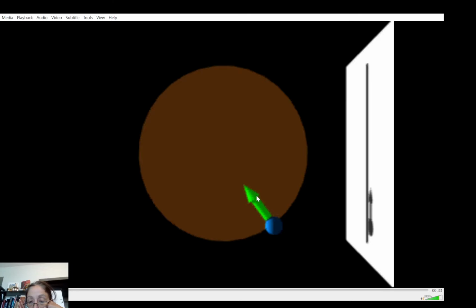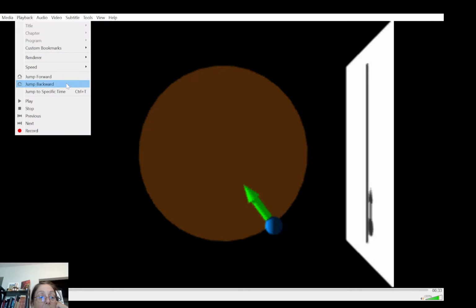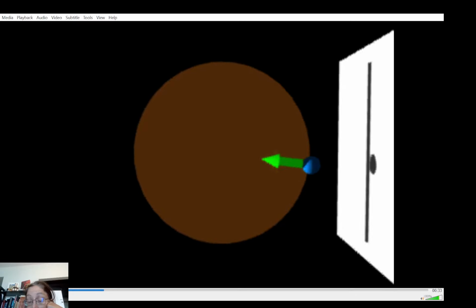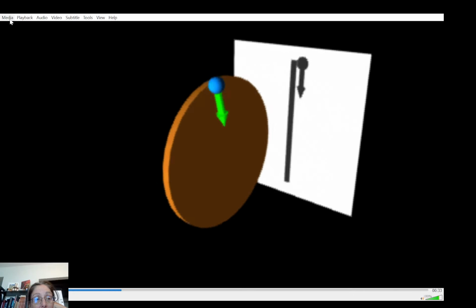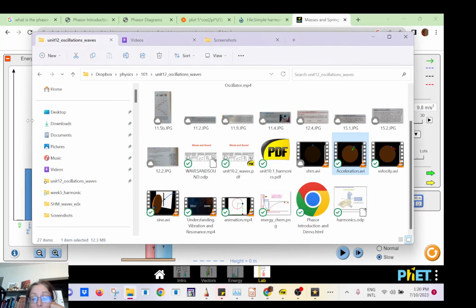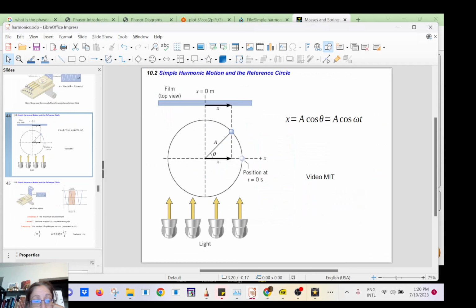This is called a centripetal acceleration. But look at the projection here. If I slow it down, I have the same behavior: maximum, 0, maximum, 0, maximum, 0. The conclusion is that the acceleration, when you have a simple harmonic motion, also should follow a sine or a cosine. So let's look at the math now.